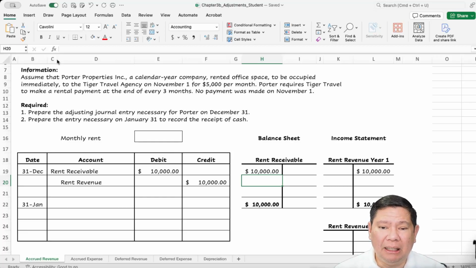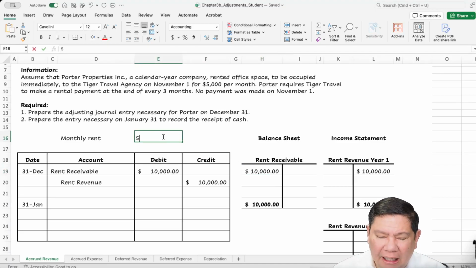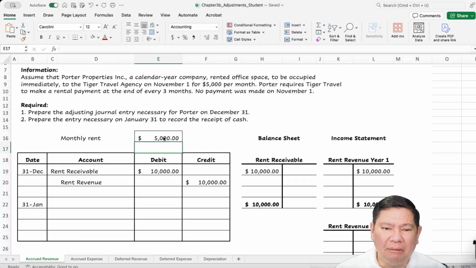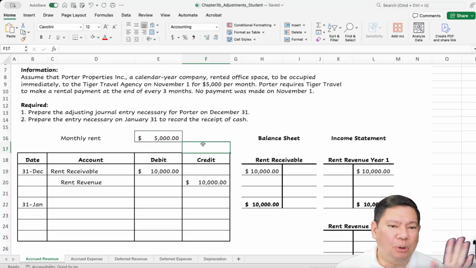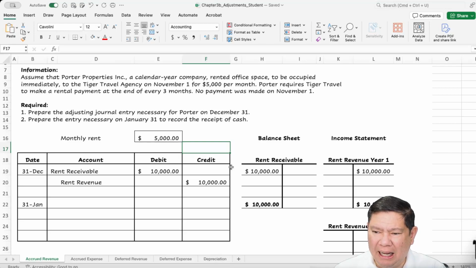So remember, an adjusting entry must affect one income statement account and one balance sheet account. Okay, so I forgot to put here 1 month rental is $5,000. Not that important, but let's put the information there.